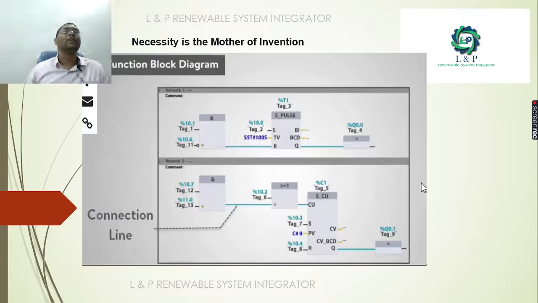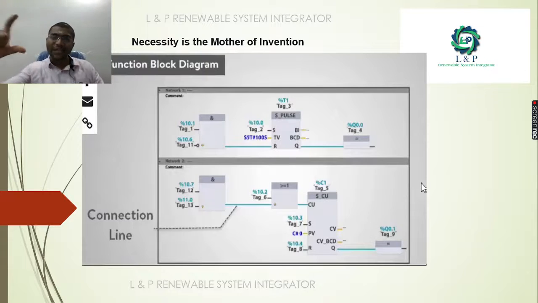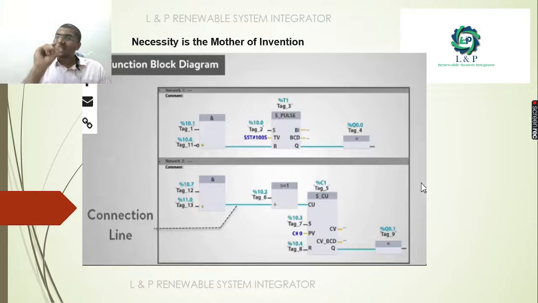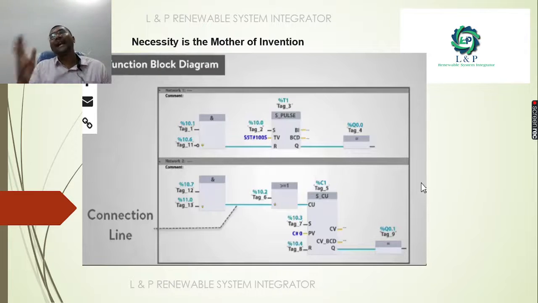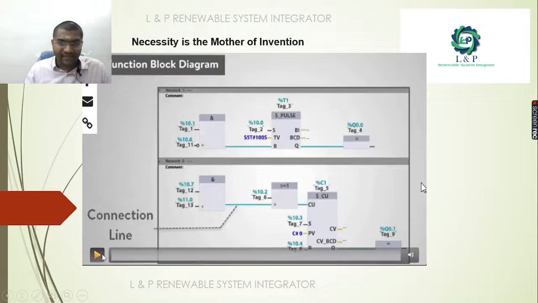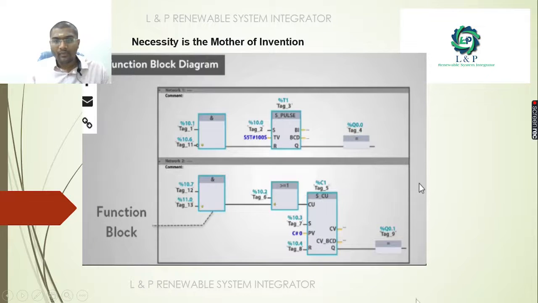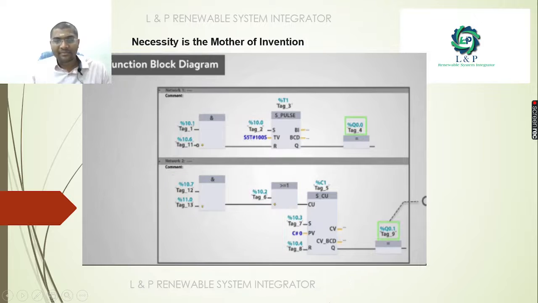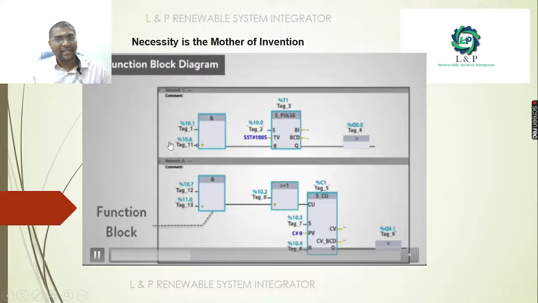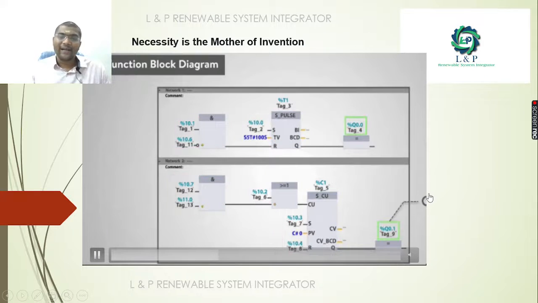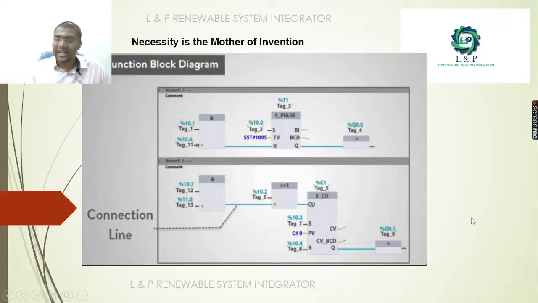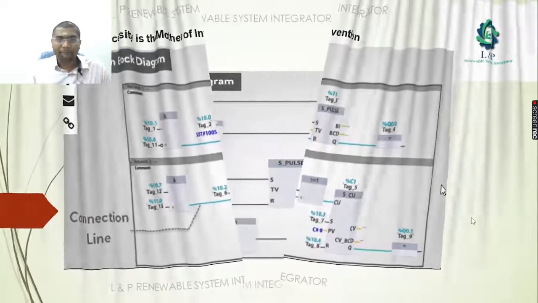For a variable air volume unit with multiple inputs, they create a simple function block. Using the same function block, they just change the name and the address. All the input wiring and everything else is going to be the same. See here, this is an example. Tag names and addresses are all used in sequence with connection lines, and with the help of these connection lines we can create the function block diagram.